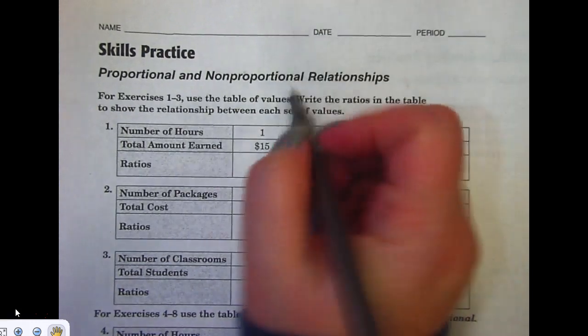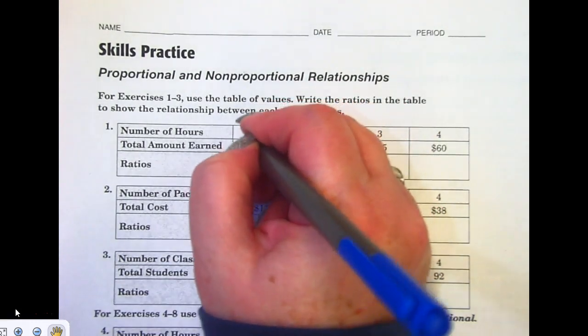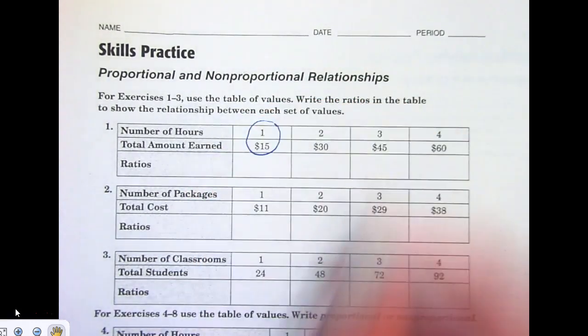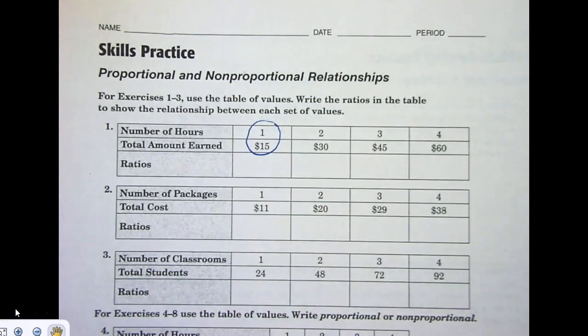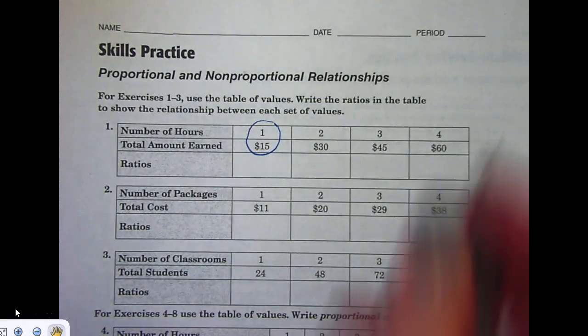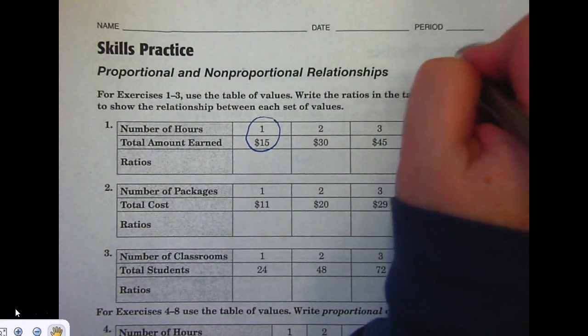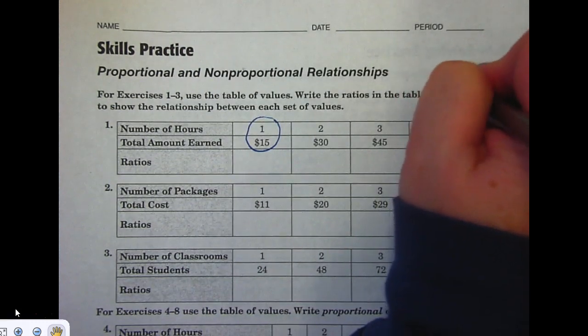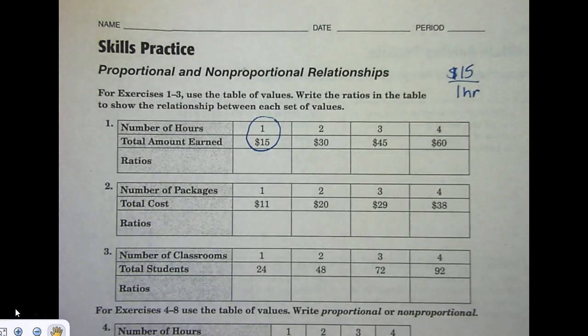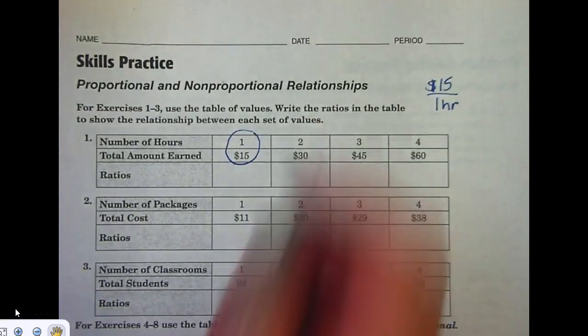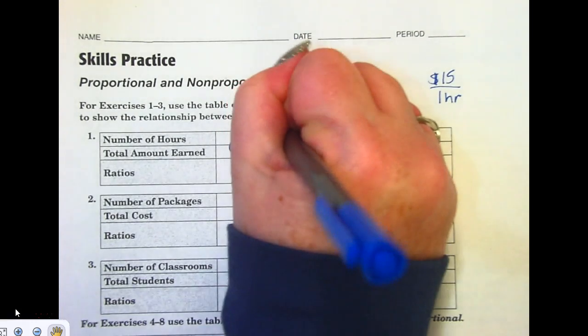What would we call this number right here? 1 hour is $15. What would we call that? So $15 in 1 hour. What do you think? Right, but in math, what do we call that when it's for one of something? It's the unit rate, right? So this right here is the unit rate.